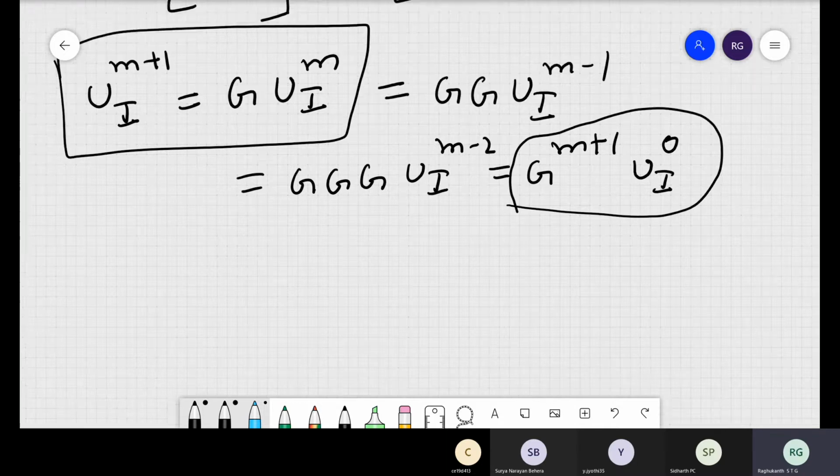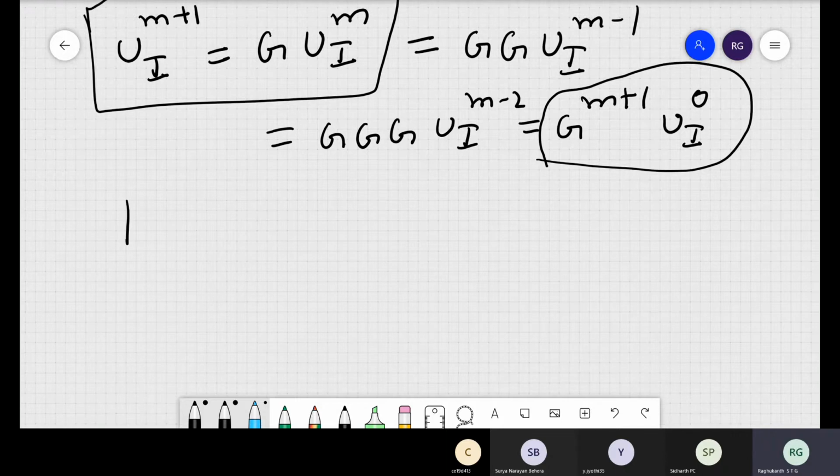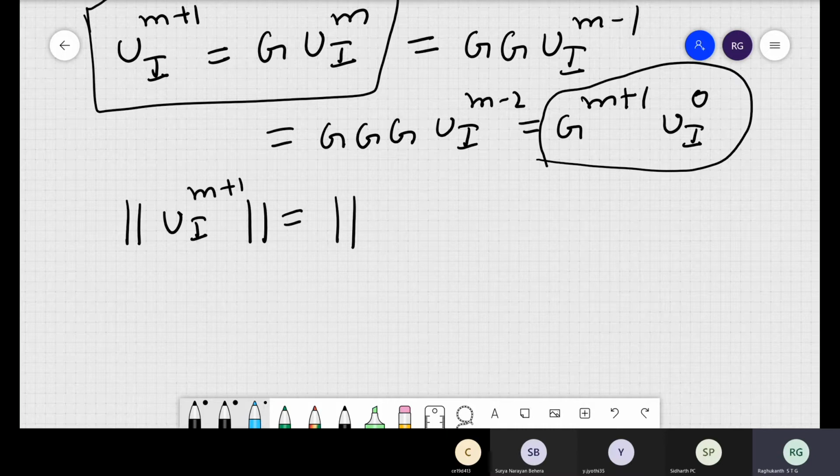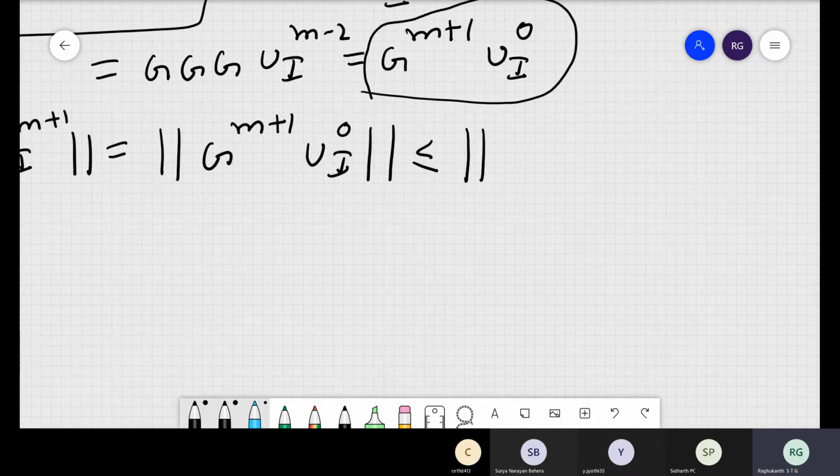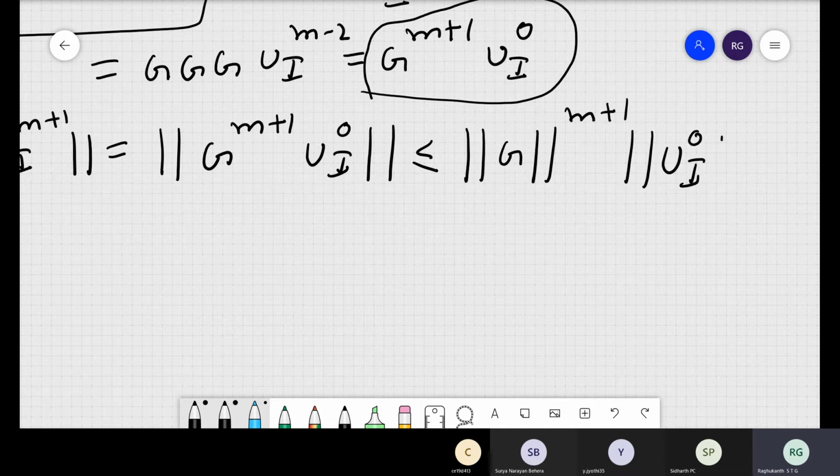Now if you take the norm, the length, of u_i at m plus 1, one can prove from the Cauchy-Schwarz inequality and other things in mathematics that it should always be less than the norm of G to the power m plus 1 times the norm of u_i at 0. So this is how the solution is growing.